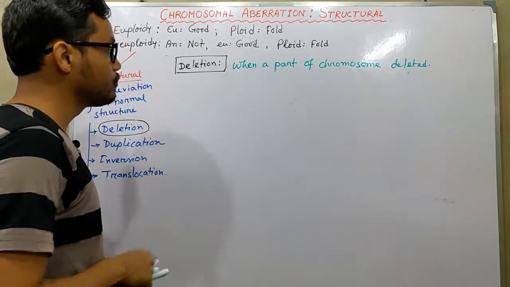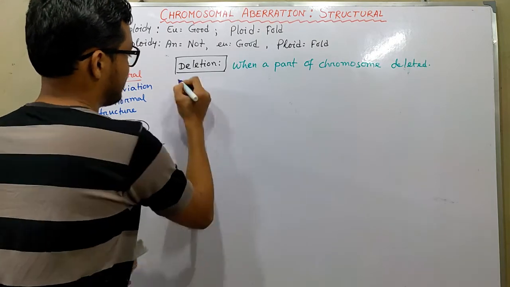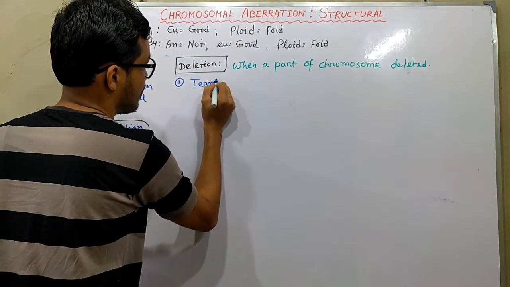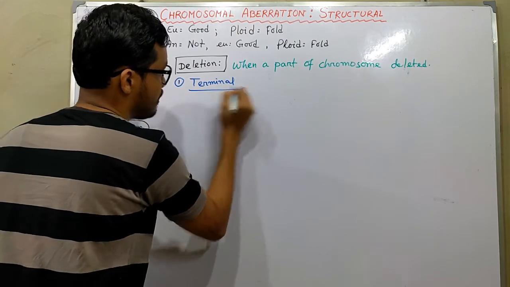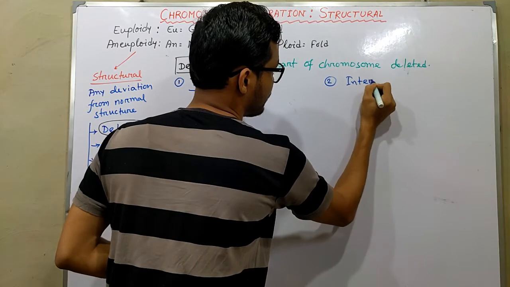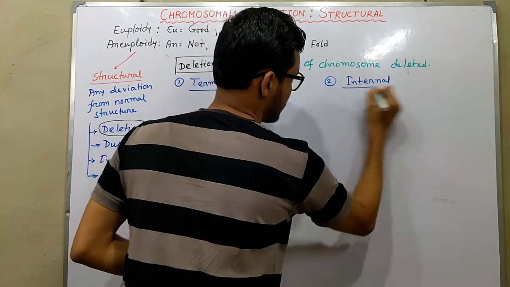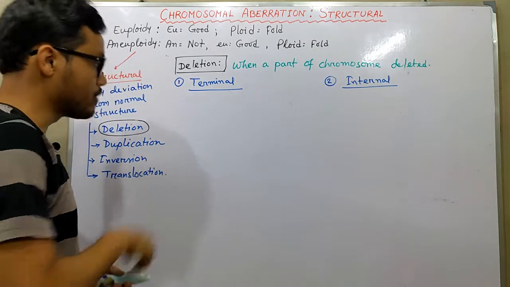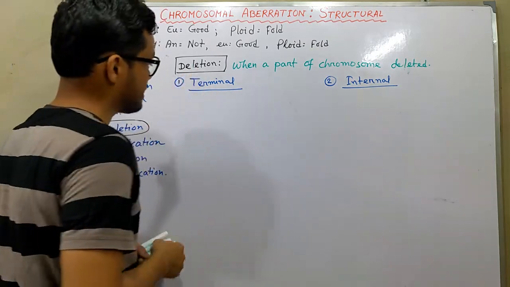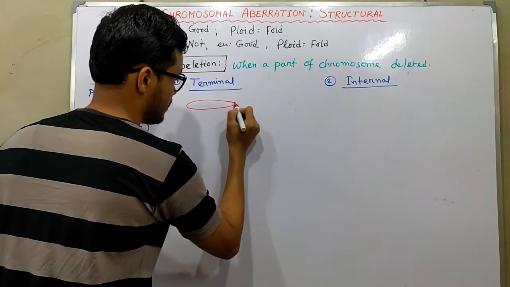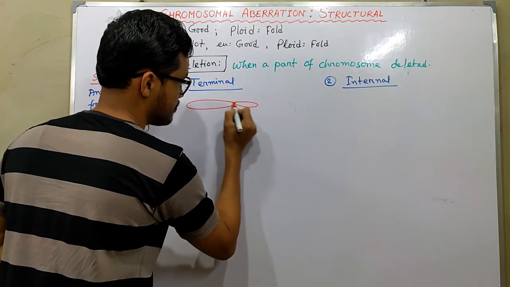Deletion has two subtypes: one is terminal deletion, and the second one is internal deletion. So what is terminal? If we draw a diagram of a chromosome, this is a submetacentric chromosome, guys.